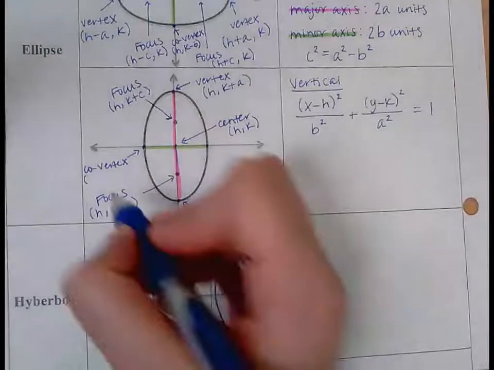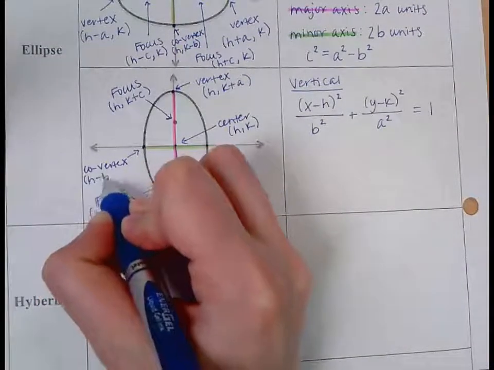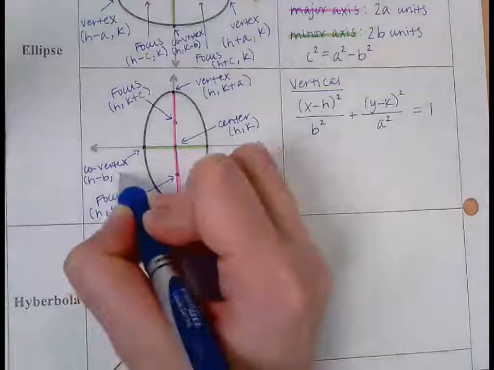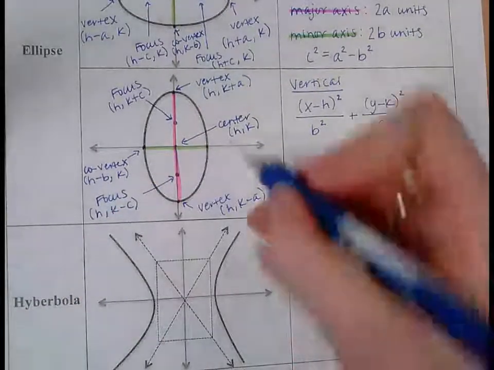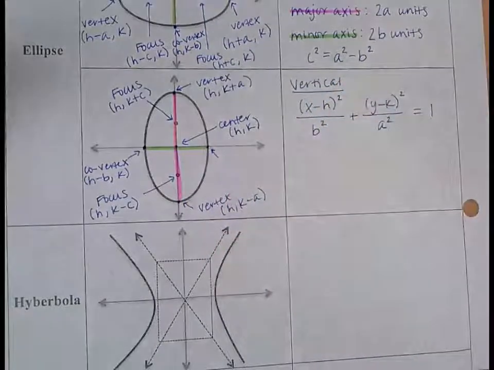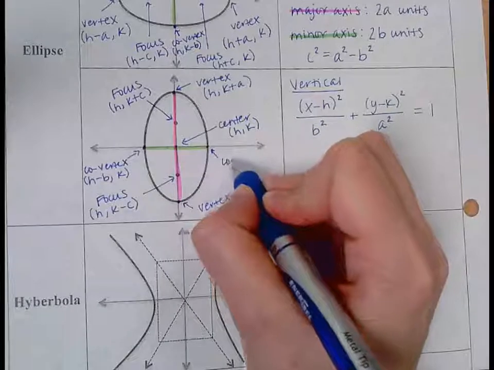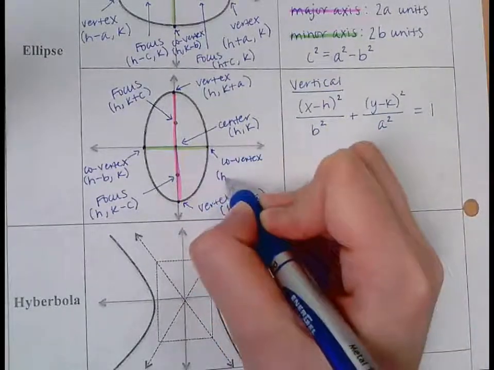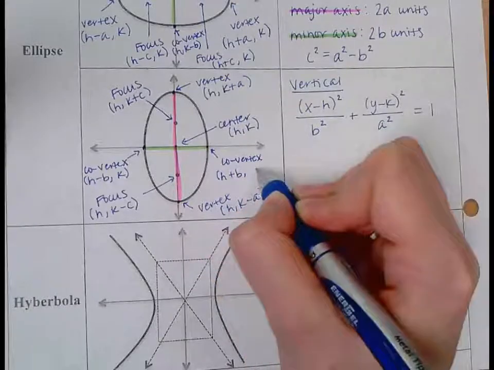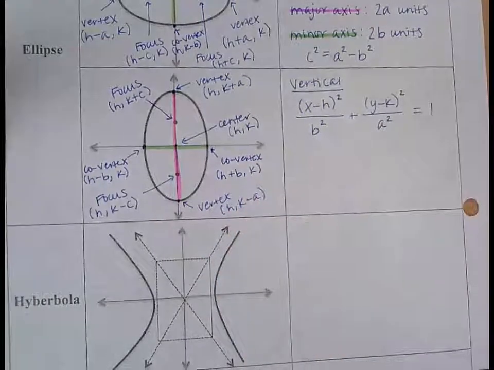The x-coordinate is h minus b. The y-coordinate is k. And then the right co-vertex has the x-coordinate h plus b, y-coordinate k.